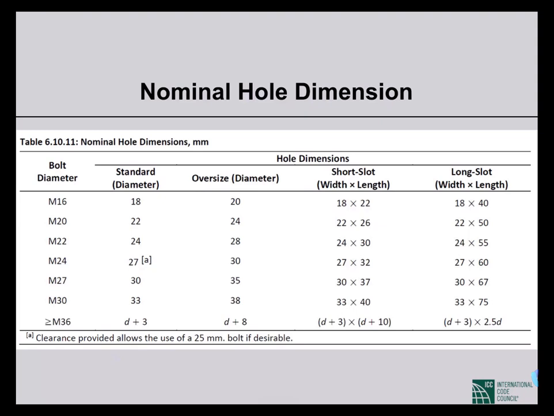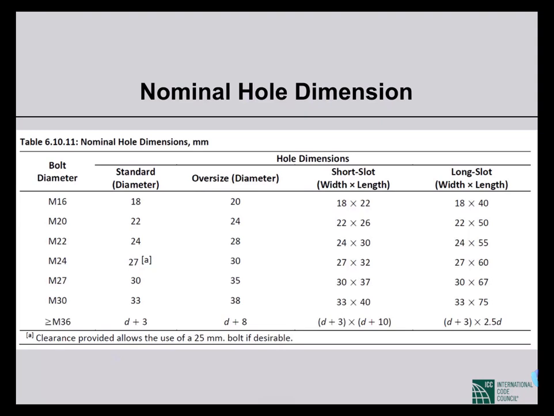But sometimes we have to drill more, like oversized holes. Those are 4 millimeters bigger in diameter than the bolt size. And there are other types like short slot and long slot. That is, they are not circular, they are elongated, oval shaped.